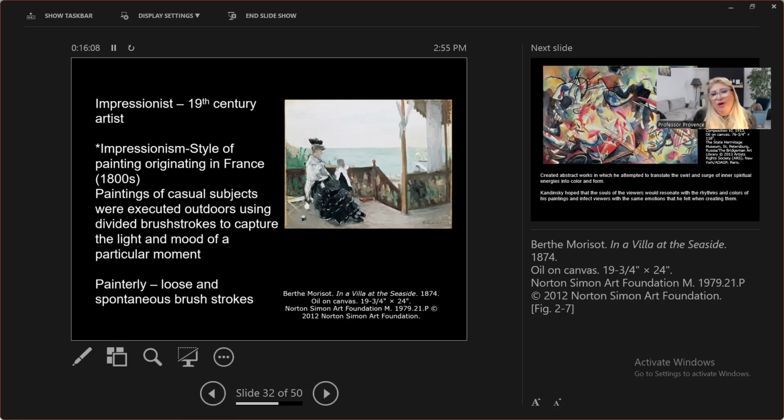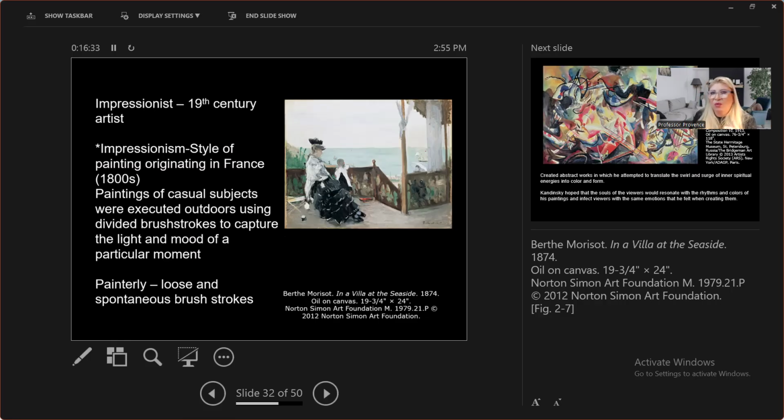So the Impressionists also, if we go back in time a little bit to the late 1800s, early 1900s, the Impressionists were fighting against those traditional painters who said, oh, you can't have your work shown, this is the only art.